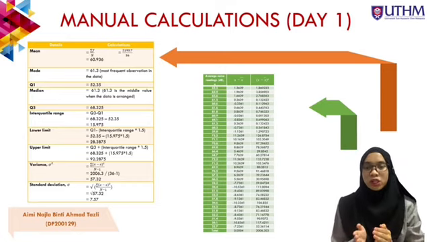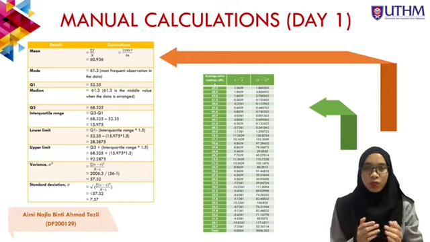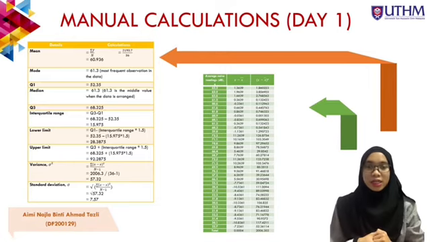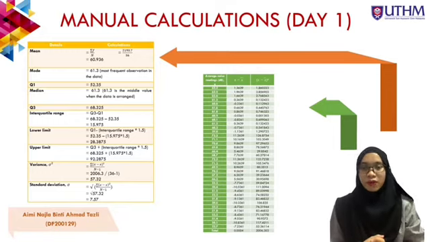For the interquartile range, we subtract the first quartile from the third quartile, and we get 15.975. The lower limit is 28.3875. The upper limit is 62.2875. The variance is 57.32, and the standard deviation is 7.57.